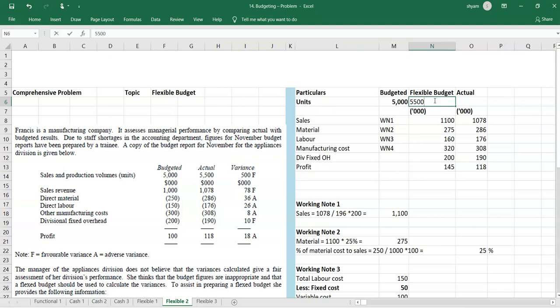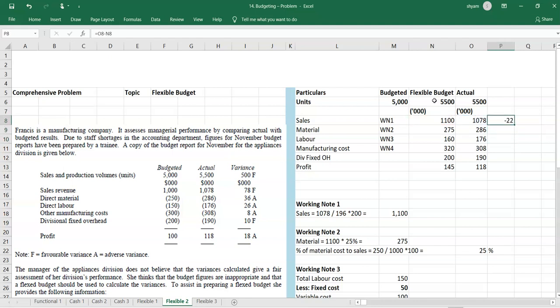Flexible budget is, we are doing it for 5,500 units, and actual is also 5,500 units. So let's get the differences here. The sales should have been 1,100, but it is only 1,078. So that is a bad thing. So we should get a negative number. Okay, that's a bad thing.